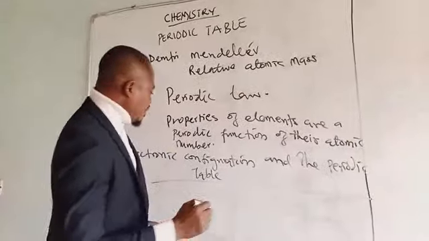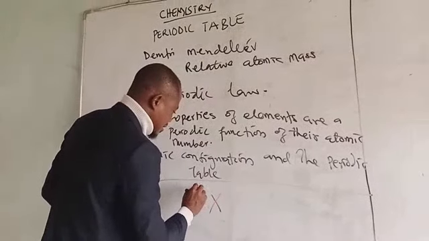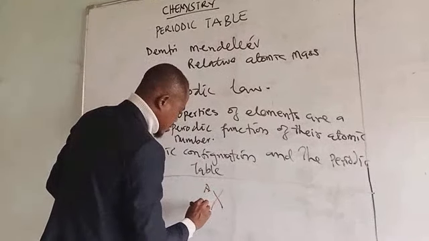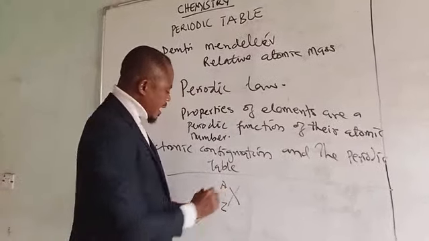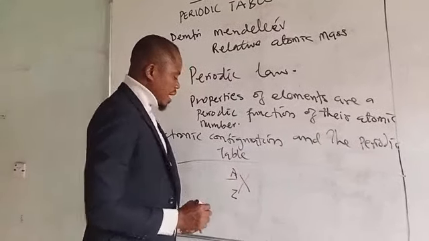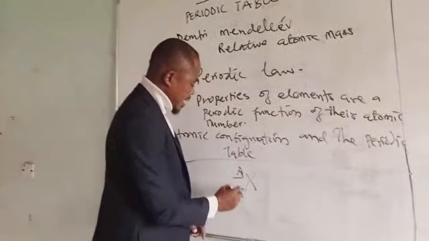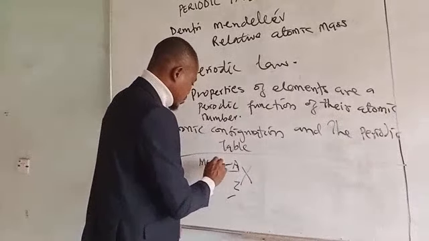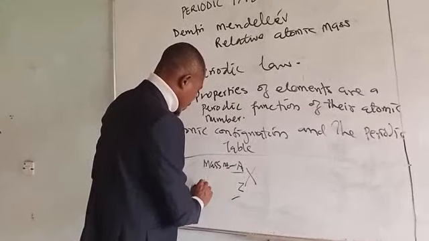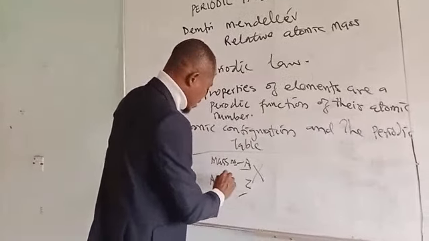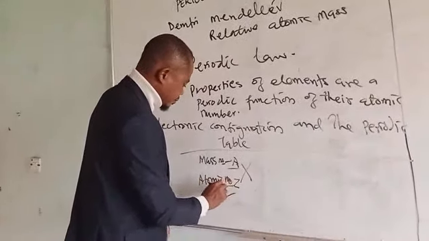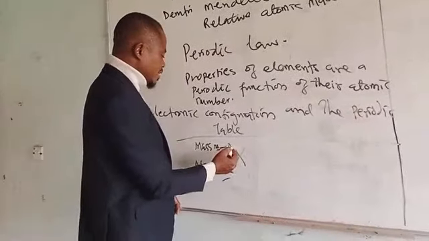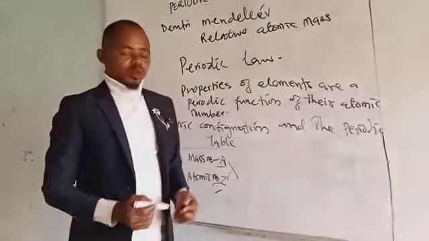Now, given an element X, we know that A stands for the mass number, and Z stands for the atomic number. This is the mass number, and this is the atomic number.